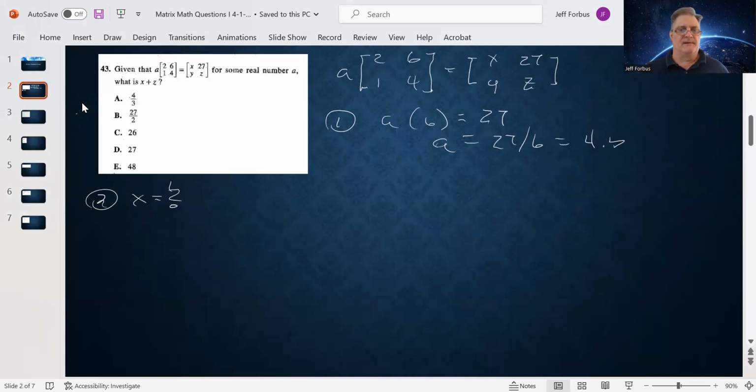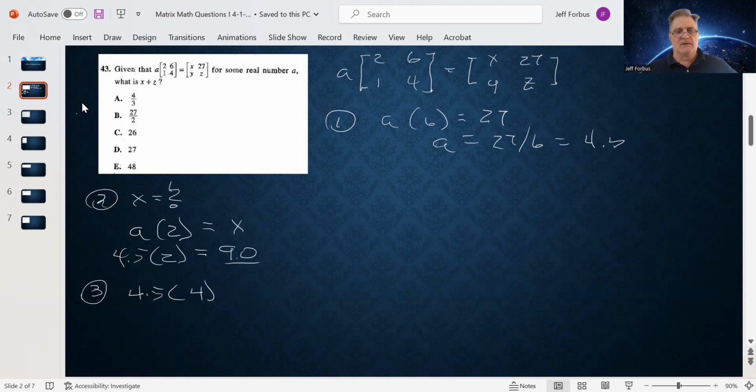So we can say A times 2 is equal to X. And we're going to substitute 4.5 for A. Multiply that by 2, and that's going to give us 9.0. So X is 9. Same idea for Z. So 4.5 times 4 is equal to Z. 4.5 times 4 is equal to 18.